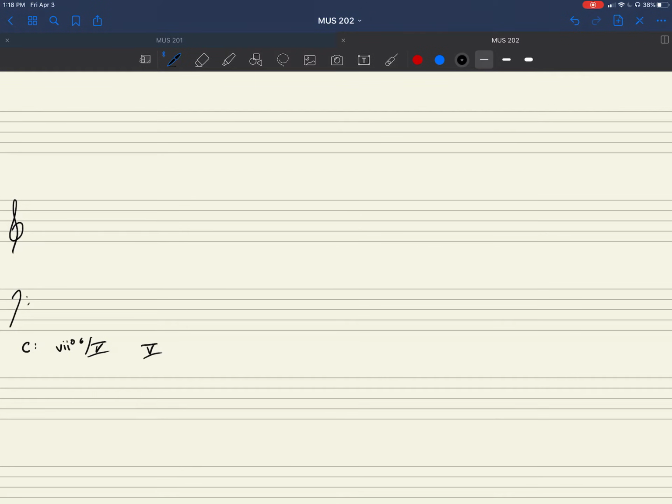As expected, it's going to resolve to 5. So let's go ahead and write out our C major scale, just so we can have some shorthand here, make our life a little bit easier. So I'm going to use the 5th scale degree right here. That's going to be your 5, which is right here, this guy.